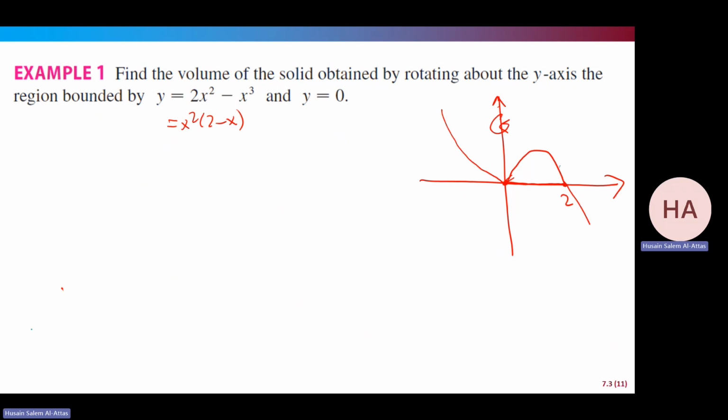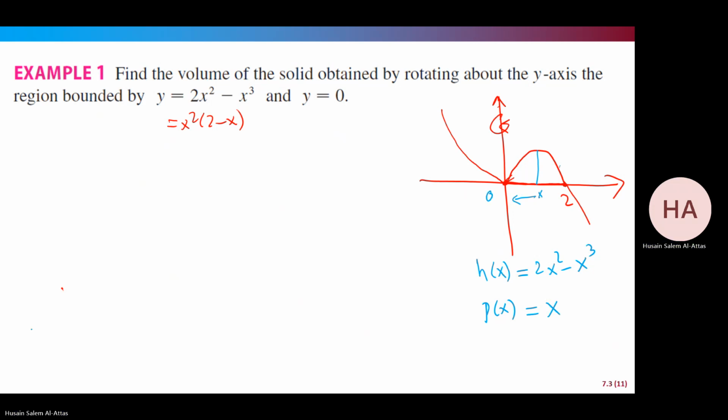But if I take it parallel to the axis of revolution, then things will go smooth. Now h of x will be what? The function minus 0. That will be 2x squared minus x cubed. That will be h of x. And p of x, the radius, if this is x, what is the distance to the axis of revolution? That will be x minus 0, which is x. That's it. And the limit from 0 to 2.